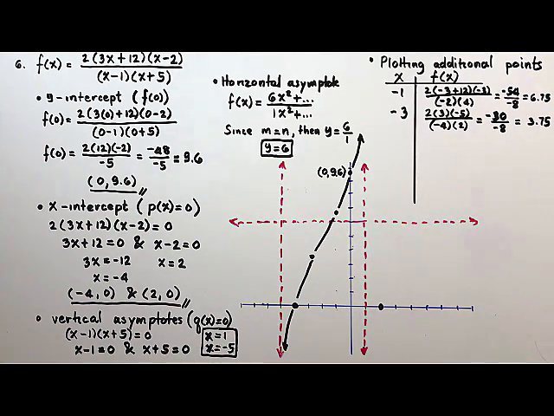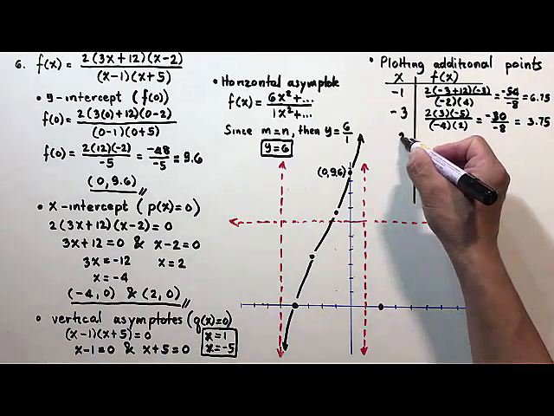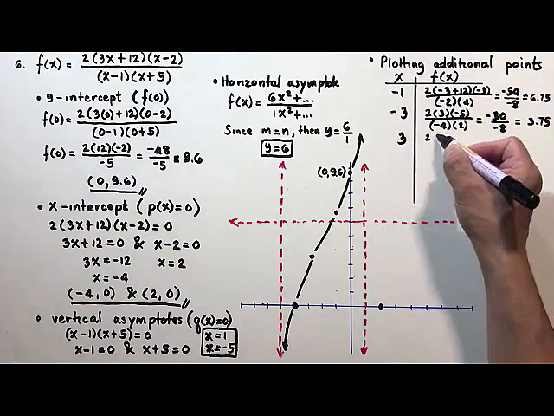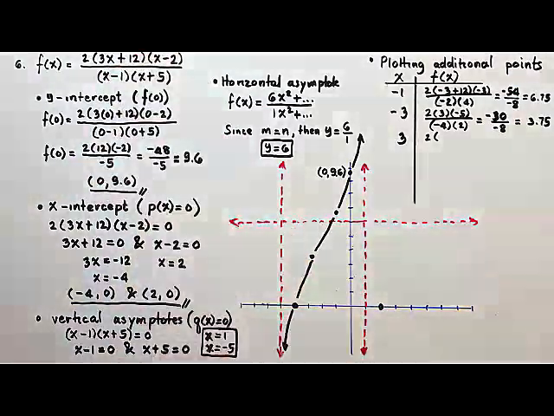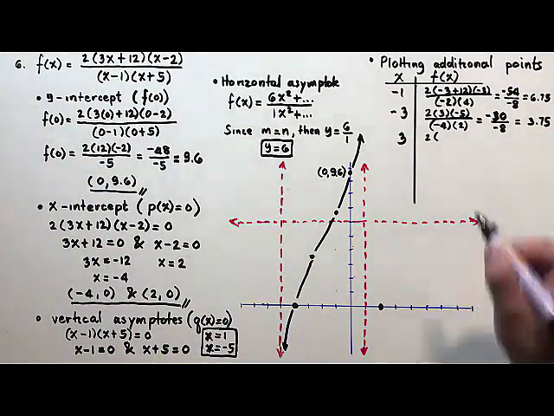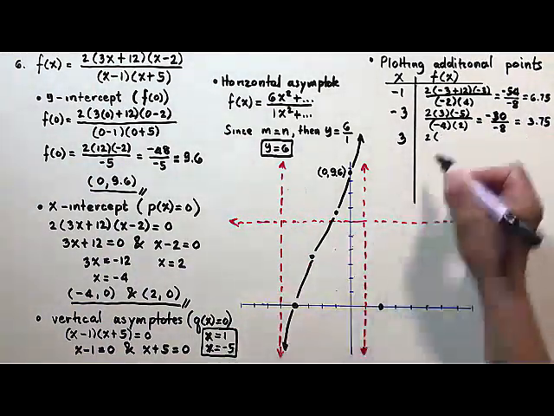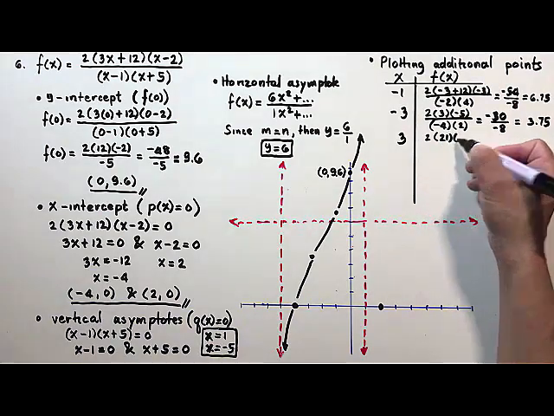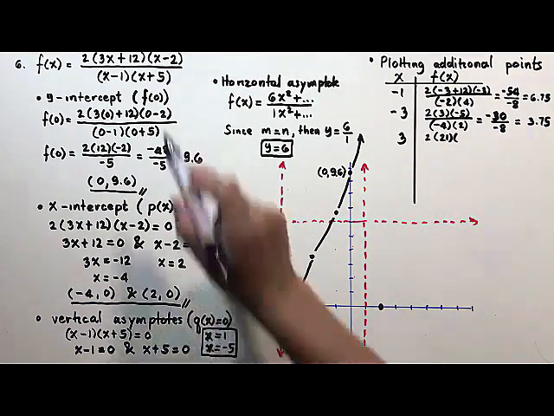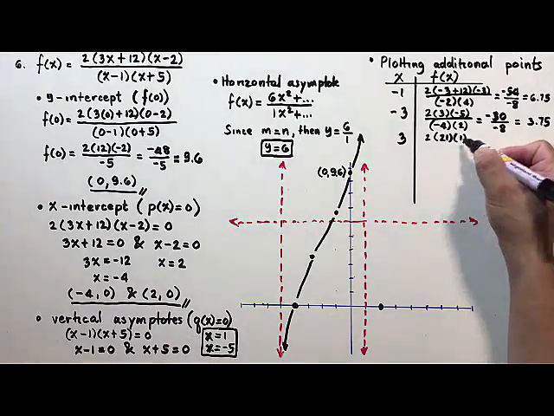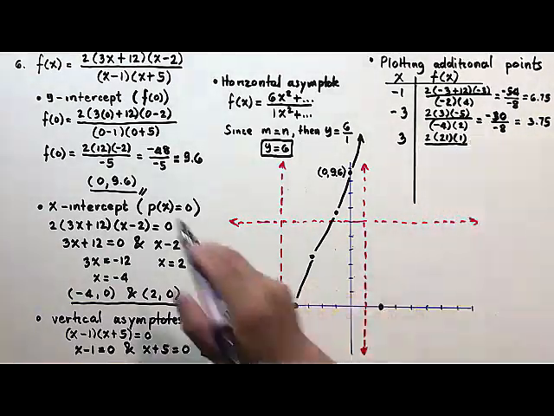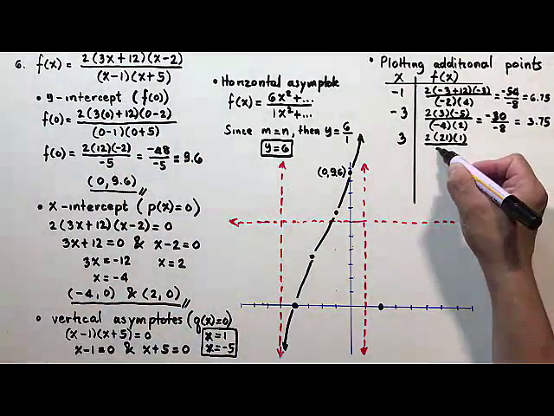I want to find also the behavior of the function to the right of this x-intercept. So let's try when x is equal to 3. That is 2 times 3 times 3, that's 9. And 9 plus 12 is 21. We have also 3 minus 2, which is 1. And in the denominator, 3 minus 1, which is 2.